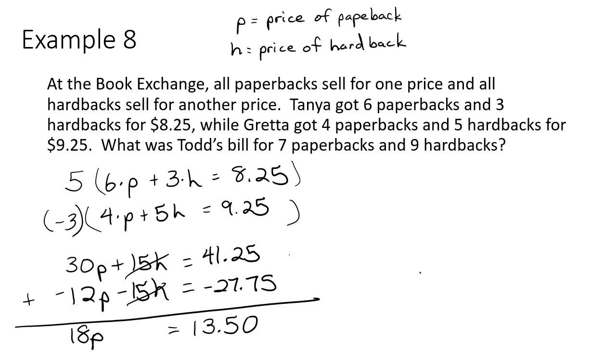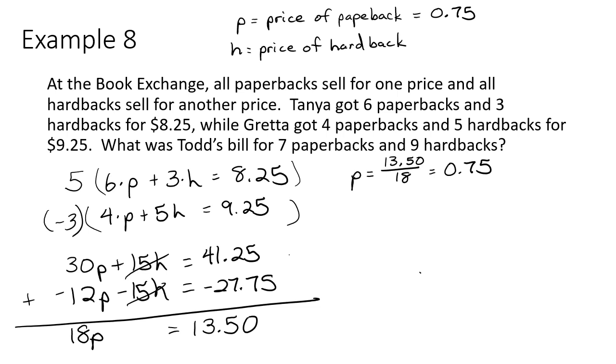Which means now we would just divide both sides of the equation by 18 to solve for P. Which gives us 0.75. So in other words, at this book exchange, a paperback is 75 cents.